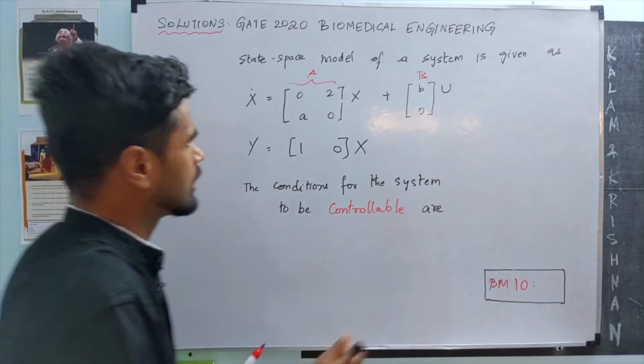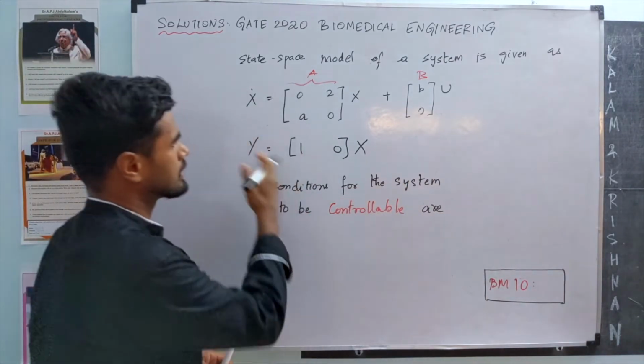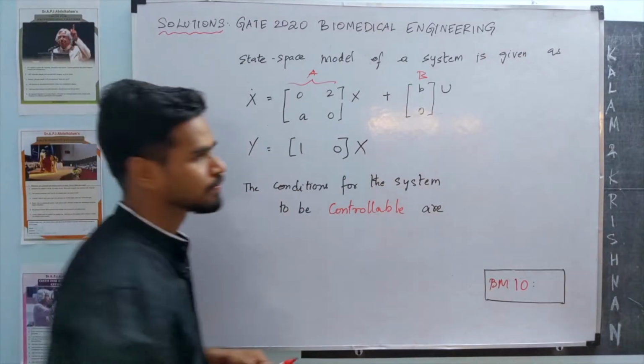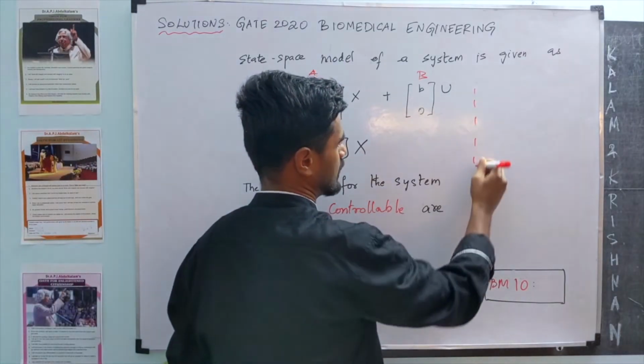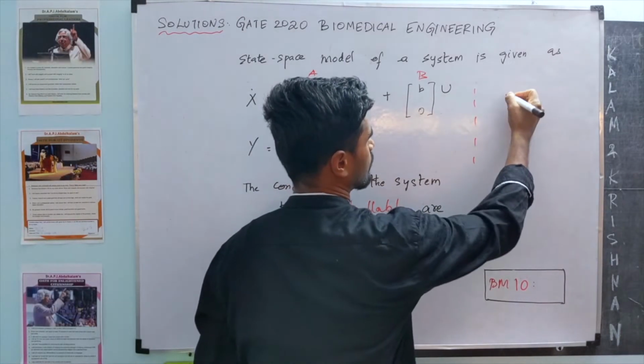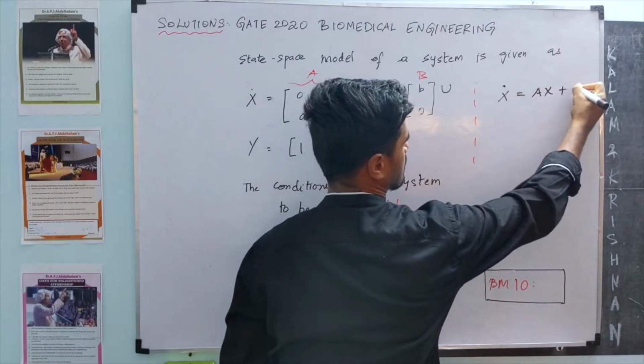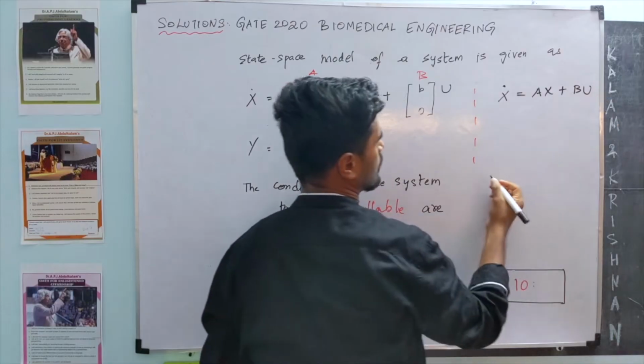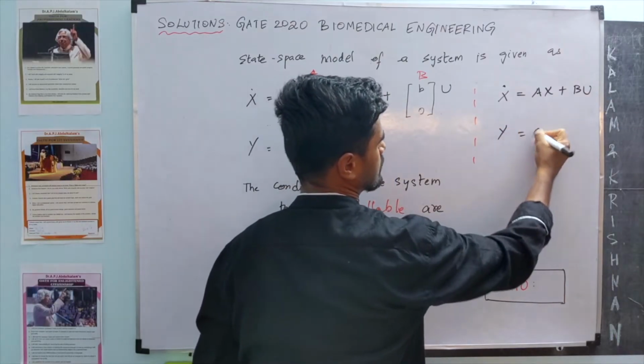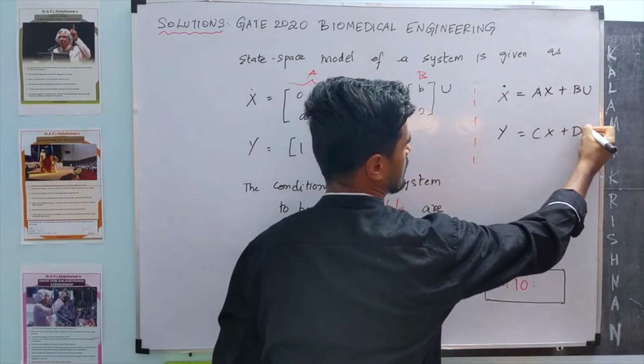So what is the controllability matrix? Let's write the system in the standard form, okay? So in the standard form, we have x dot as Ax plus Bu and y is Cx plus Du.